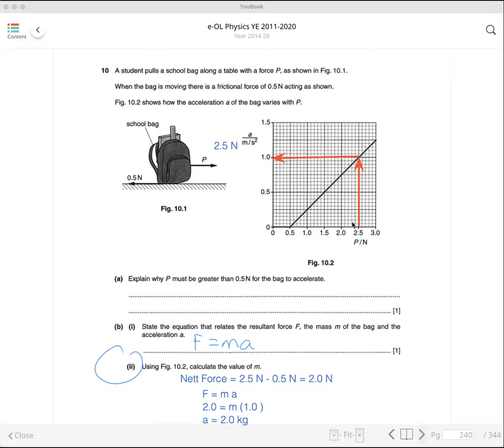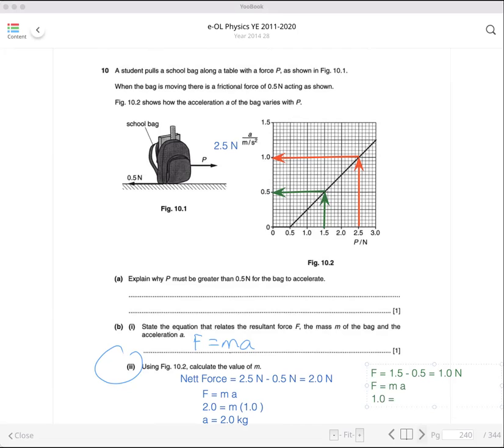Not only can you use 2.5, I can use another value. So I give another example. I use 1.5, I get 0.5. Same thing. I use a green color to explain. My net force will be 1.5 minus 0.5. I get 1.0 Newton. Use the same formula, F equal to MA.